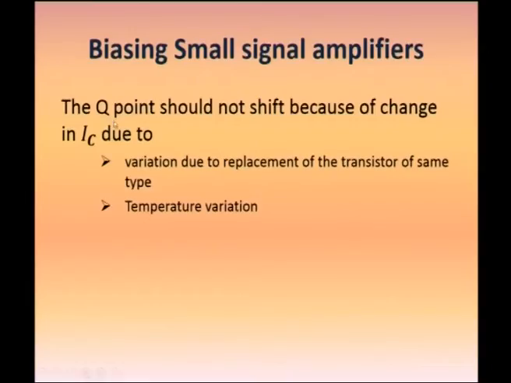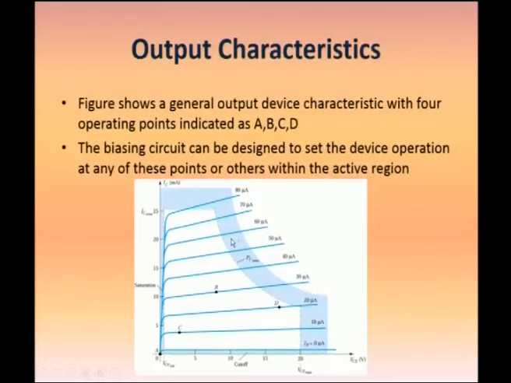So, this Q point can be located with the help of IC and VCE. IC is a major factor in locating the Q point, and it should not shift because of the change in IC. The collector current will vary depending upon the temperature and the replacement of the transistor. So, we have to select the Q point first.